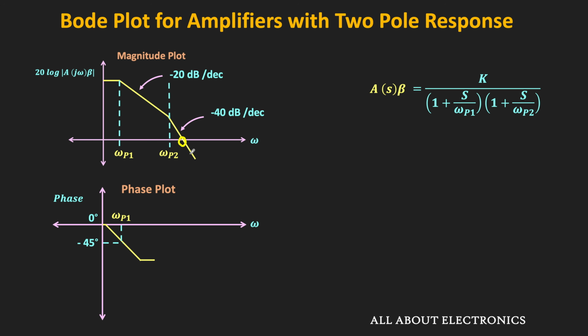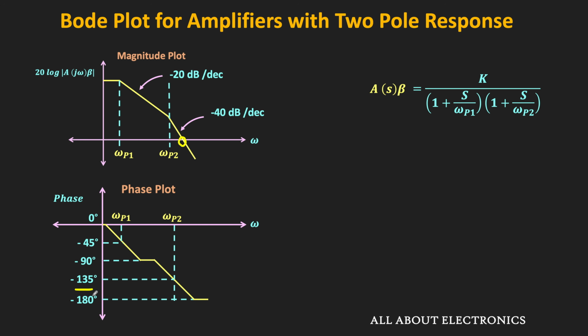As we have discussed earlier, at a frequency of around 10 omega p1, this phase shift will be close to minus 90 degree. Up to 0.1 omega p2, this phase shift will remain constant, and after that it will further start reducing. It will reach minus 135 degree at omega p2. And further, at 10 times omega p2 frequency, the phase shift will be close to around minus 180 degree.